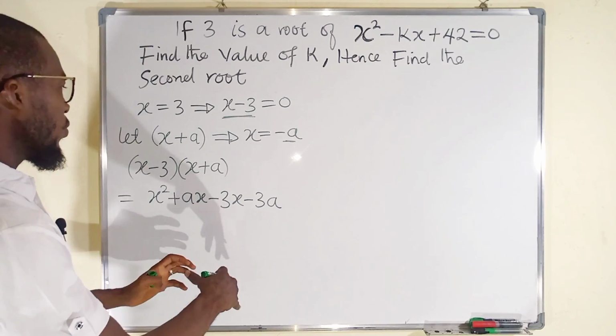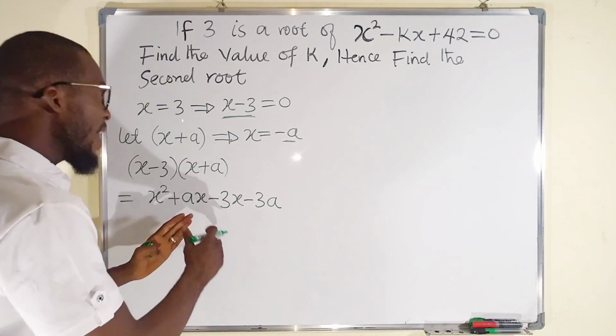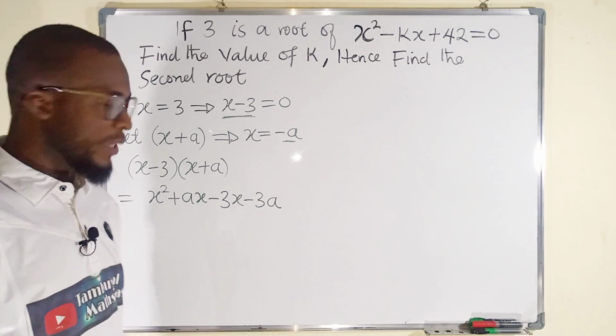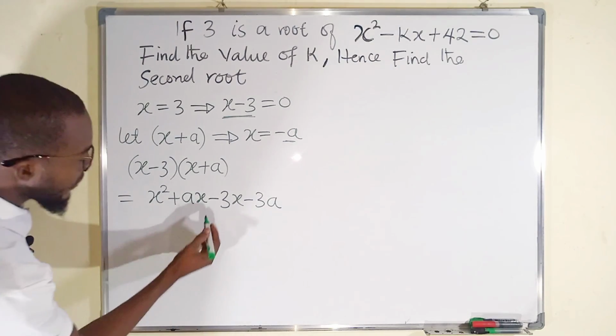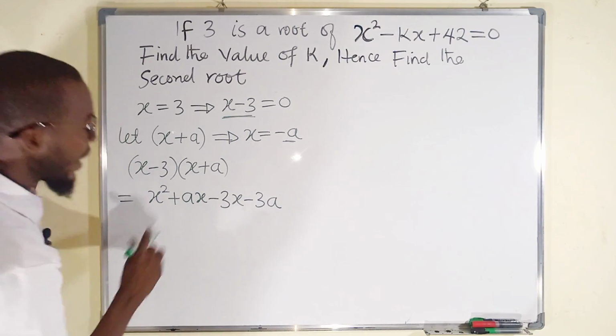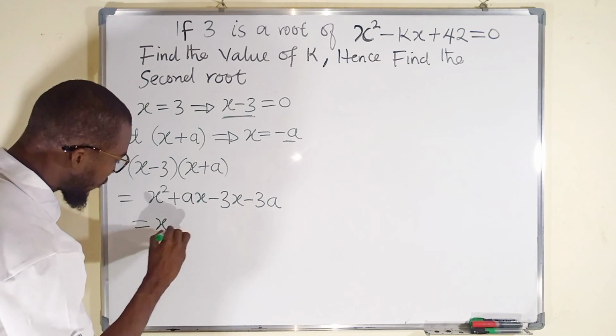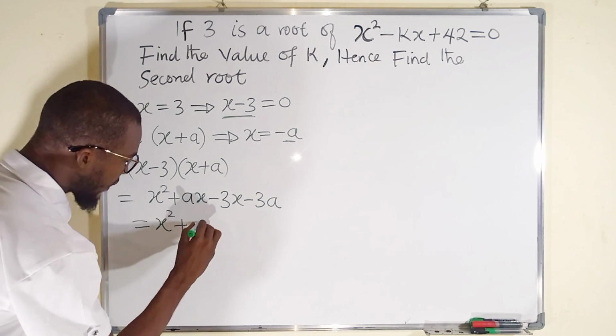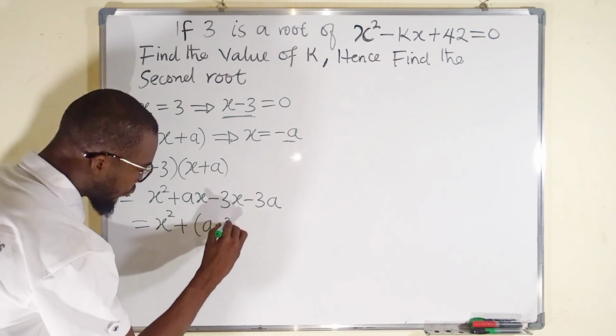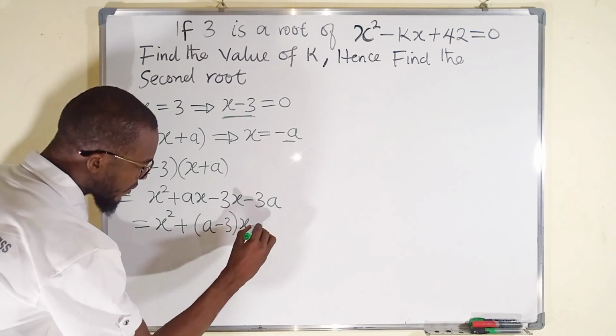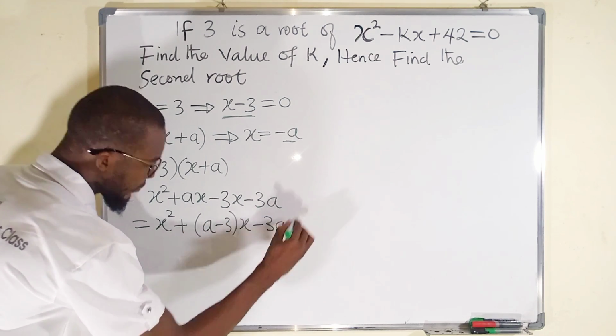Now we are going to find the value of a and k simultaneously. You can see these 2 middle terms contain x, so we can factor out the x. This is equal to x squared plus a minus 3 multiplied by x, minus 3a.